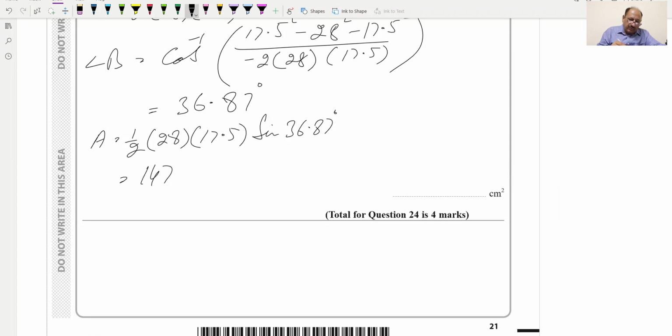So 147 will be what, centimeters squared. So 147 centimeters squared is our final answer.